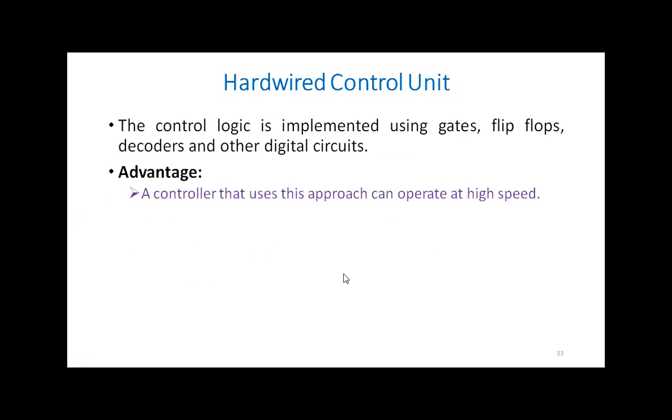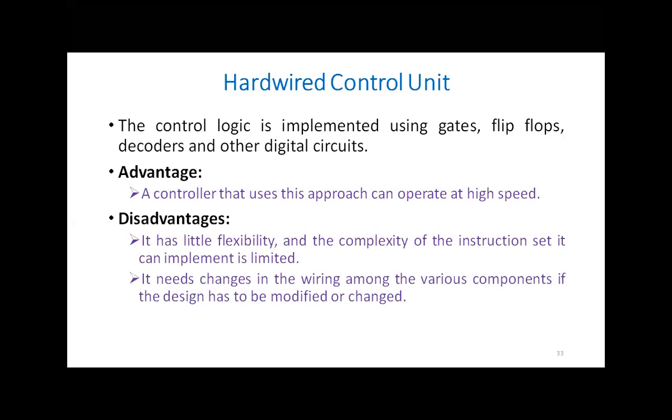The advantage of the hardware control unit is that it is very fast because it uses hardware. Whenever it generates the control signal for any instruction, within a clock cycle the control signal is generated instantly. So it is very fast.